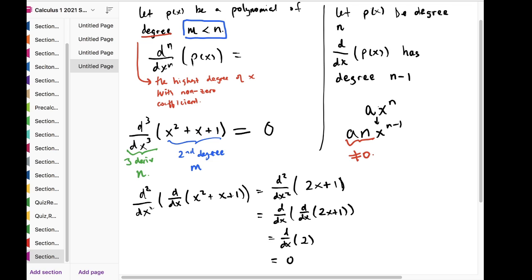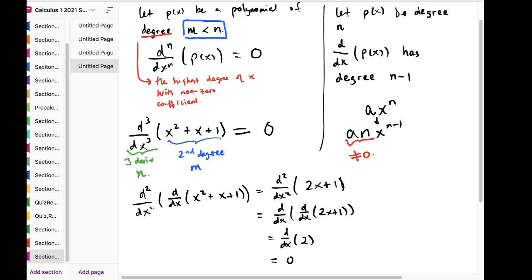So now if you take more derivatives than there are degrees, then eventually you'll zero out. For example, if you take 3 derivatives of a second degree polynomial, you get 0. But notice that if you take 2, that's why it's strictly less than and not less than or equal to.